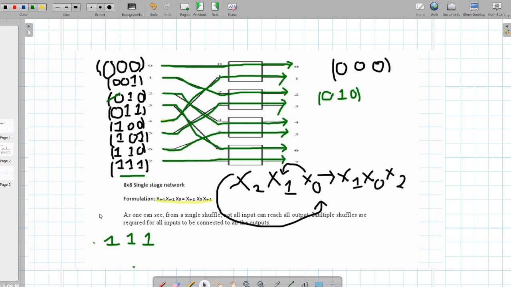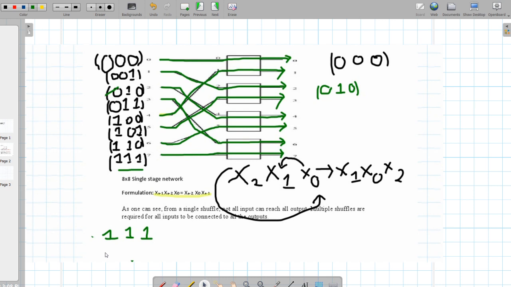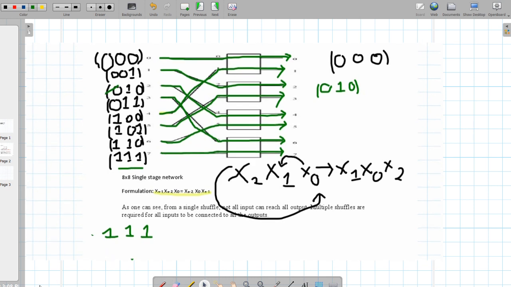So this was the making of shuffle exchange network. If you have followed the discussion, now you know how to connect different processors among themselves by following shuffle exchange interconnection network theory.